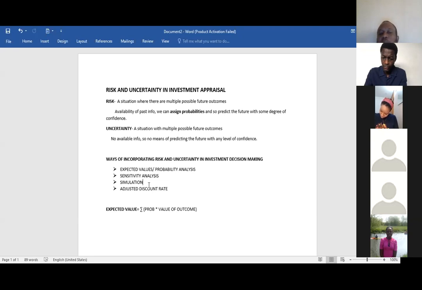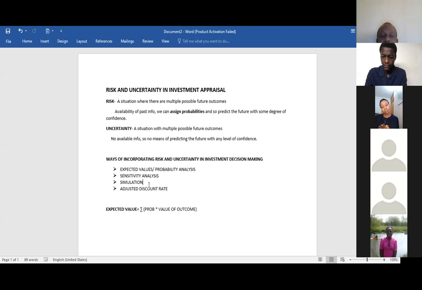It might be a very good argument to say that sensitivity analysis incorporates uncertainty, but it doesn't incorporate risk, because it doesn't assign probabilities.